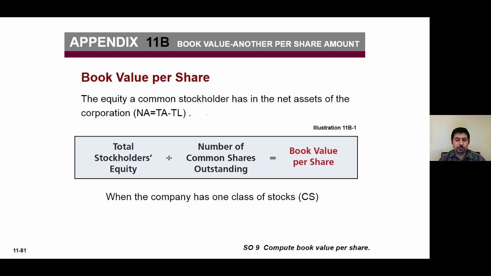Now, another value that investors are interested in is to know the equity that a common stockholder would have in the company's net assets. Remember that net assets is equal to total assets minus total liabilities, which means also the stockholders' equity.